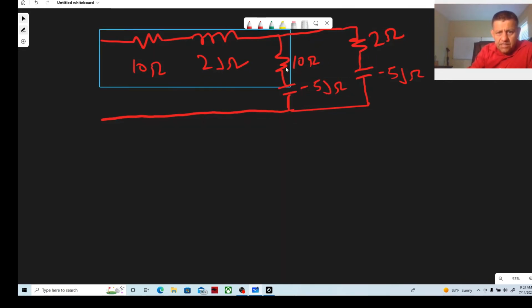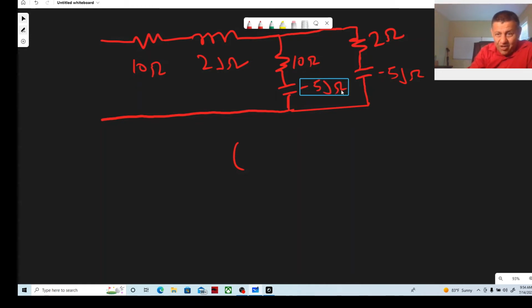So what we can do is the following. But remember, I cannot add this and this because they're not like terms. So therefore, I have to do the math accordingly.